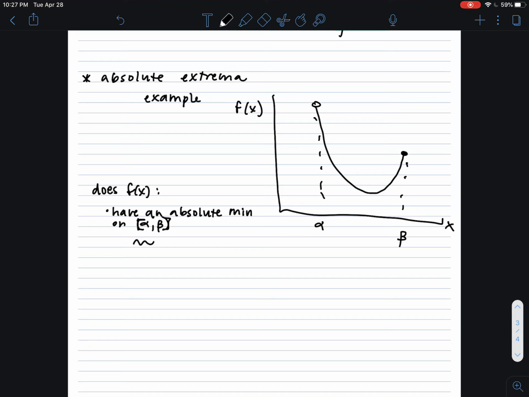And the answer is yes. And it can be found right here approximately. That's just our minimum value on this interval, which we can clearly see is here.